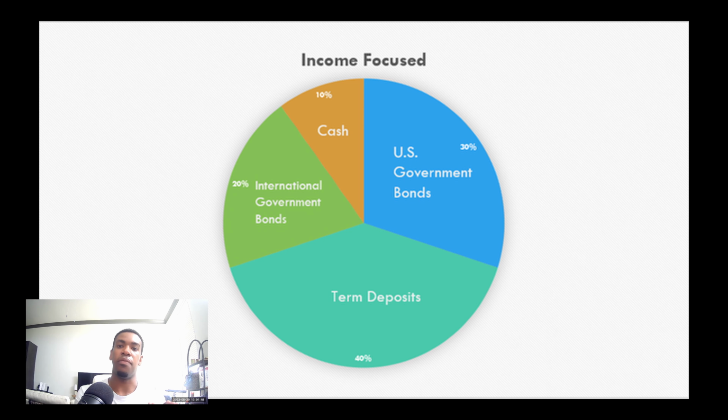The third and smallest allocation is a cash holding. This portion is expected to return little, if any, return at all when held in a bank account, but should be included for the sake of diversification and access. As an example, investments in term deposits and government bonds have a set period for investment.